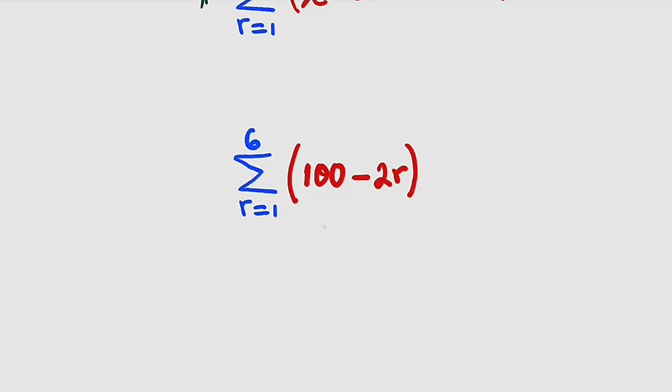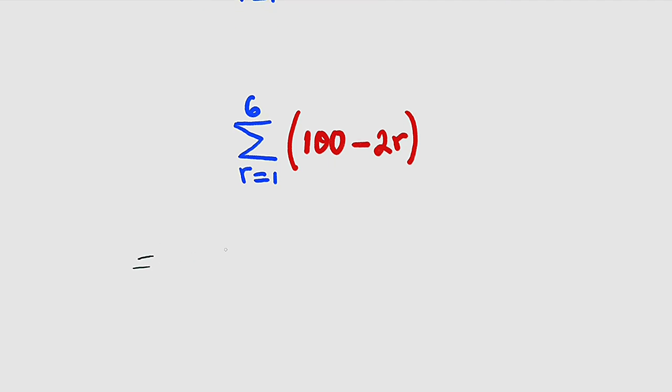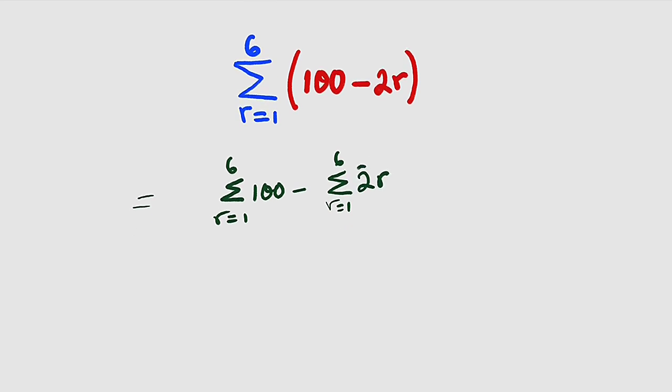To simplify this, we can break it into two terms, which is the same thing as taking the summation, r from 1 to 6, of 100, minus the summation again, r from 1 to 6, of 2r, which we can further break down because we have a constant times a variable, which means that the constant can multiply the summation according to one of the rules.